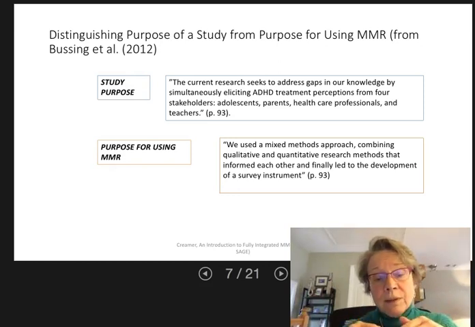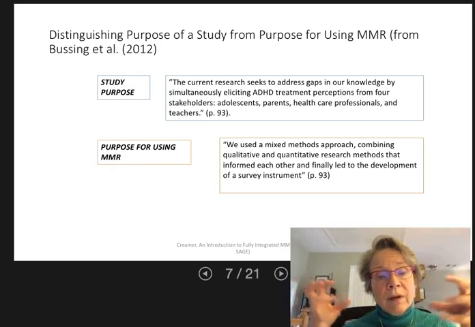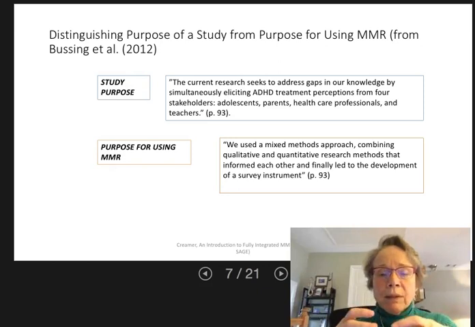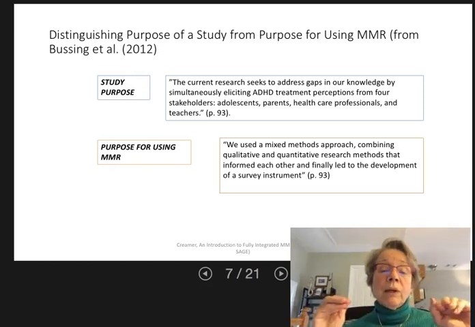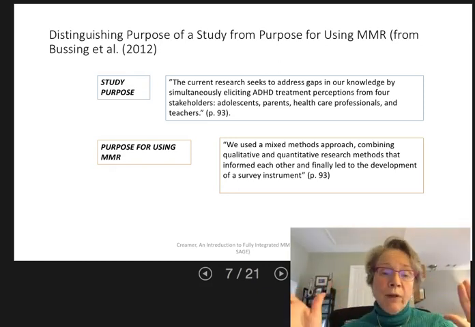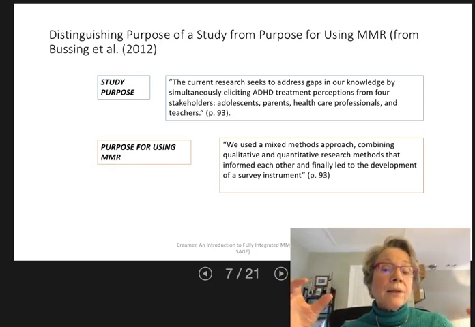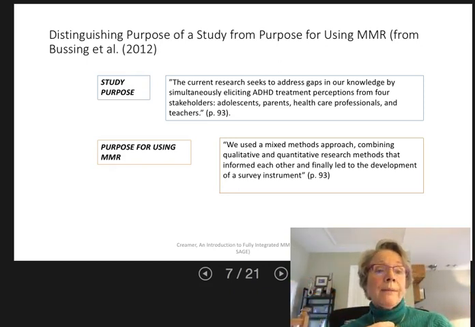And that reiterates the point that if you have no intent of integrating your different data sources, then really mixed methods is not the right label. Multi-method is a fine label for that research. So when you use the mixed methods label, you're saying, hey, not only did I collect multiple sources of data, but it's my intent to integrate them in some way.